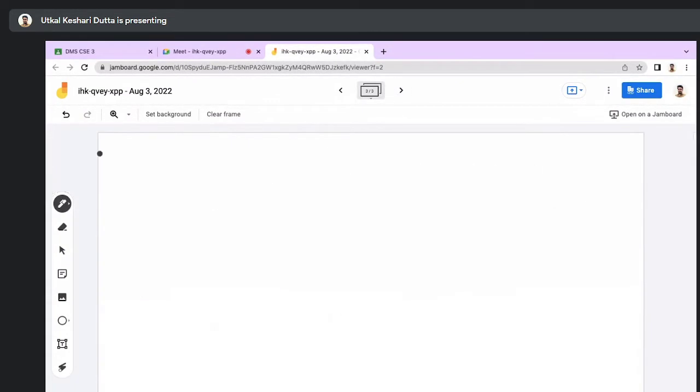That means if you check for x equal to, let's say, 12, what will be P of 12? That is 12 greater than 10. That is true.